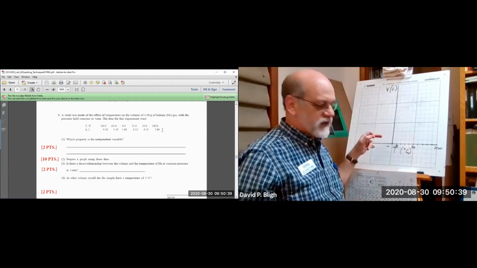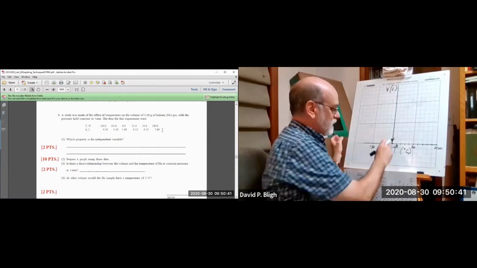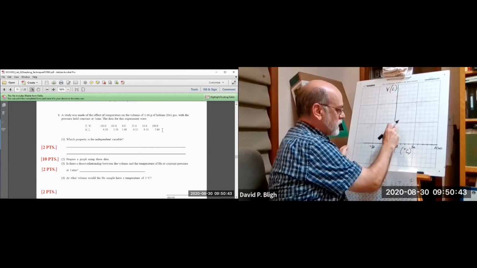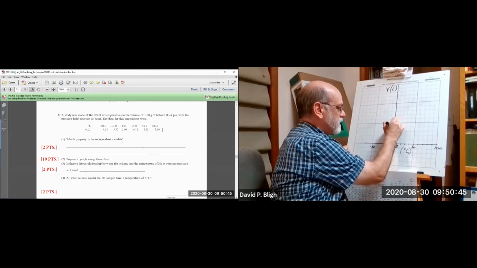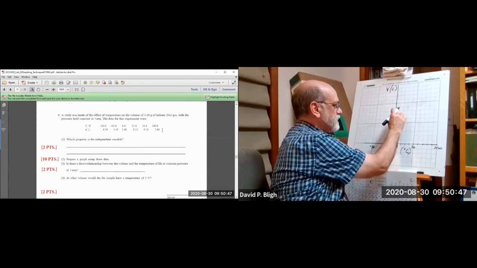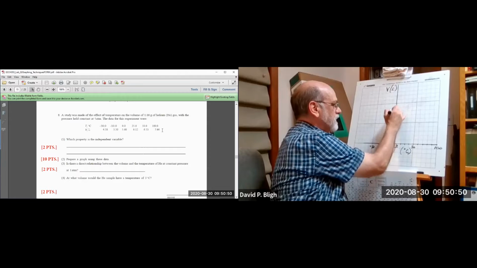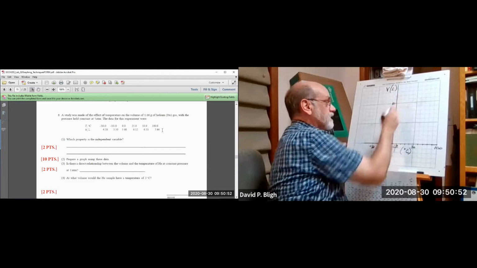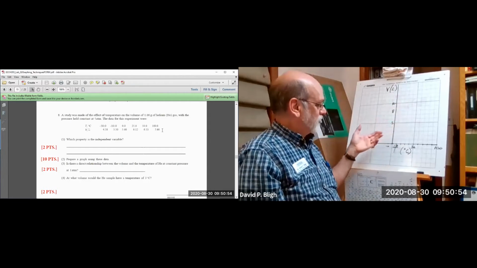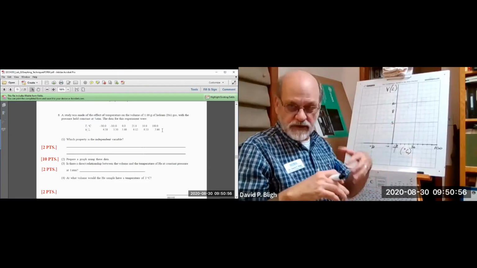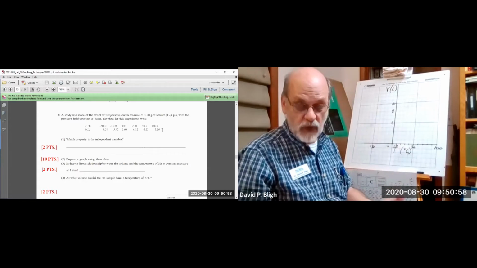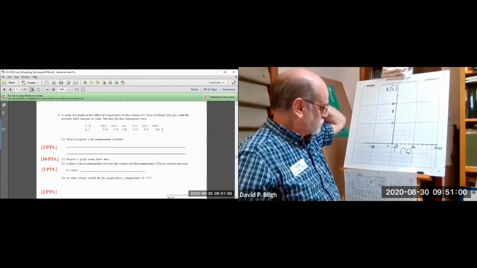If we say each one of these units is 1, then that would be 1, 2, 3, 4, and this would be 5, 6, 7, 8. That's as much as we need. We go up to 10. So we're trying to use this graph the most efficient way.